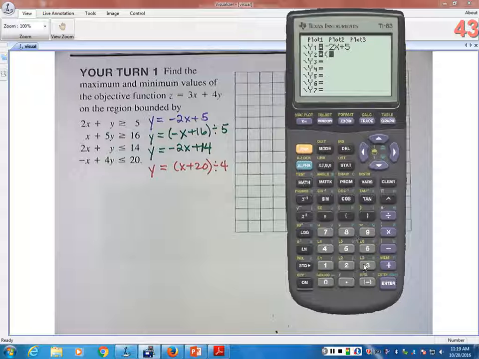In parentheses, negative x plus 16, divided by 5, negative 2x plus 14, and then in parentheses, x plus 20, divided by 4.